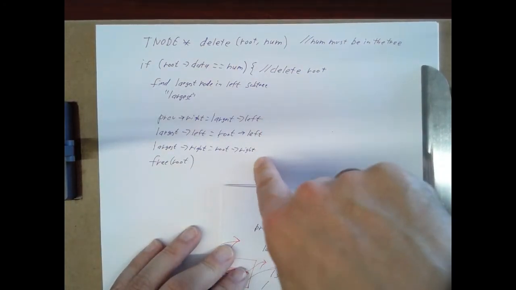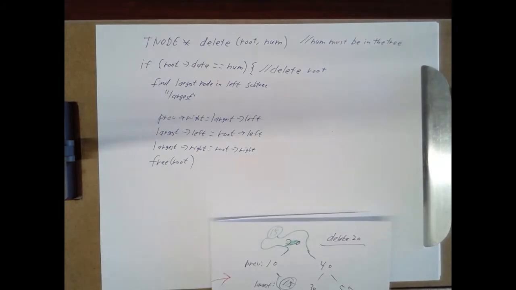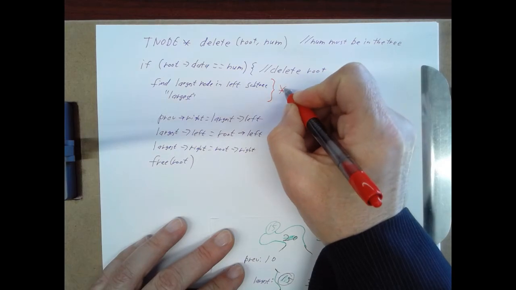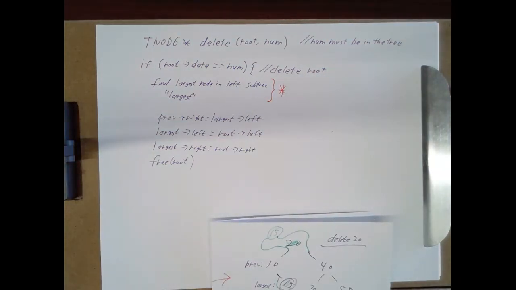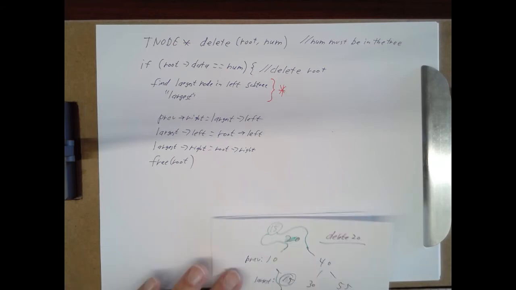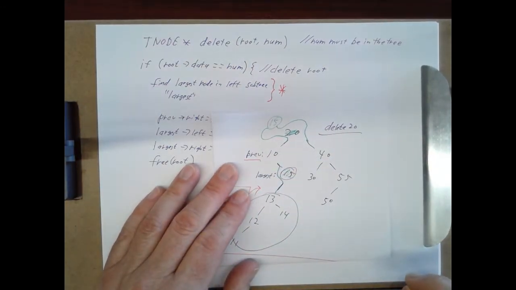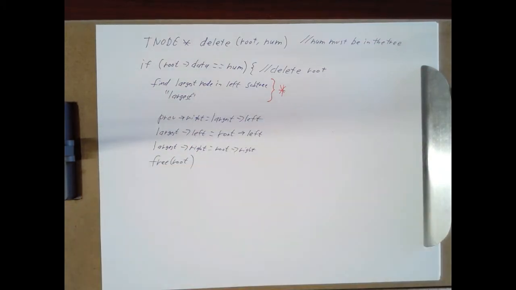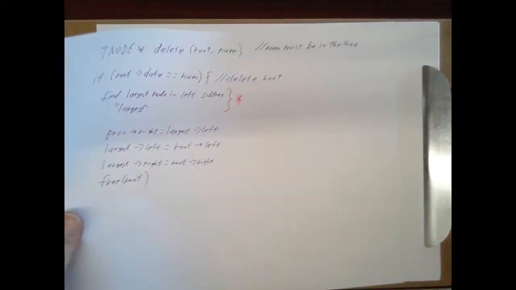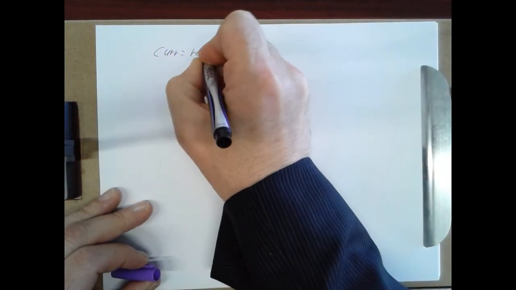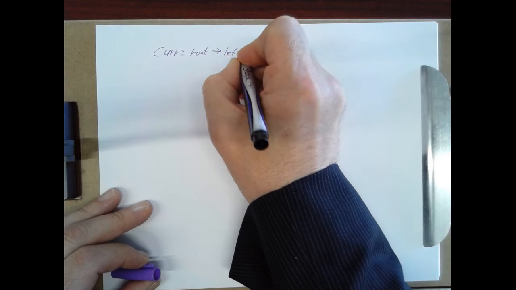There's some statements that do something like that, but this needs some clarification. Finding the largest node in the left subtree, calling it largest, but also keeping track of the previous node. So how can we do that? So something like current equals root arrow left.